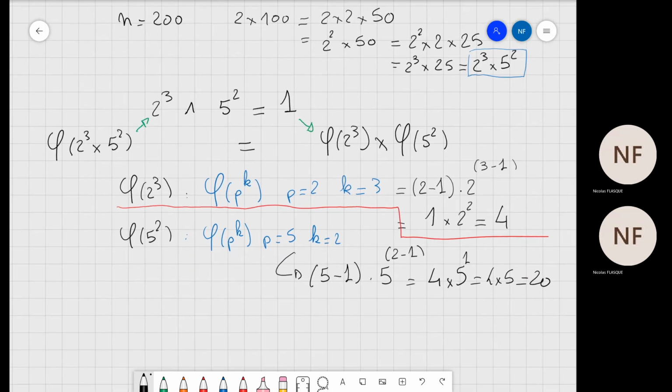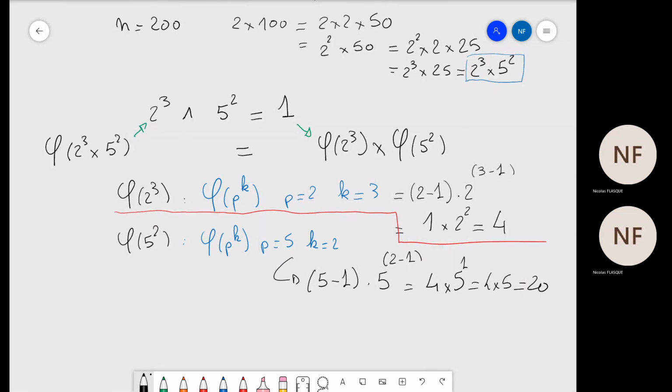So we've got here the values for both phi of 2 to the power of 3 and phi of 5 to the power of 2, so that we can write phi of 200 is phi of 8 times 25, which is phi of 2 to the power of 3 times 5 to the power of 2.